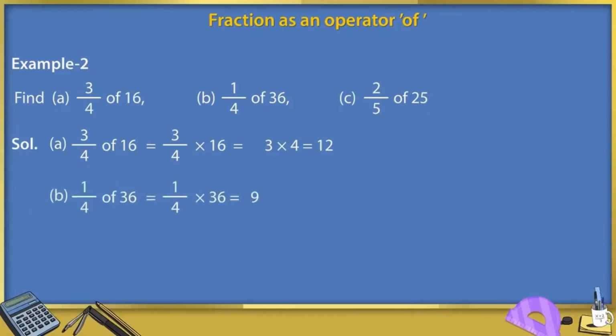B. 1/4 of 36 is equal to 1/4 into 36, which is equal to 9. C. 2/5 of 25 is equal to 2/5 into 25, which is equal to 2 into 5, which is equal to 10.